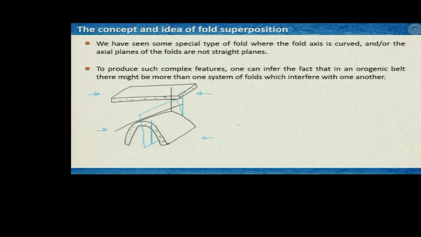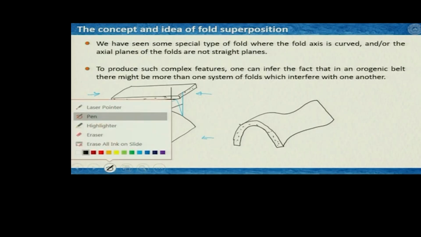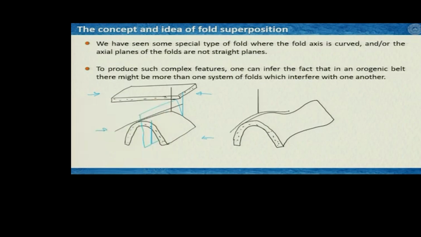For example, we have seen a shape of a fold something like this, where the fold axis is not straight but curved, and interestingly the axial plane is straight, and this we have identified as a non-cylindrical fold.